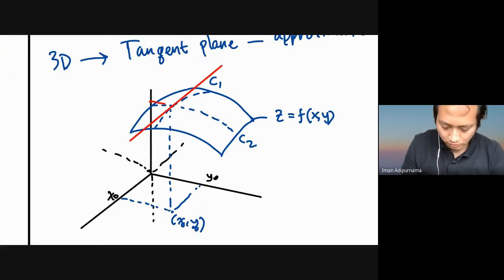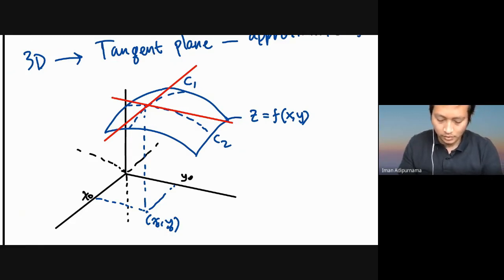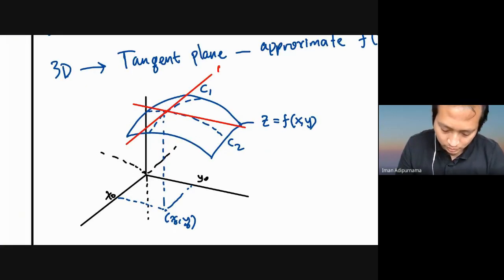And with respect to this C2, I have this line. As we mentioned in previous partial derivatives, this will be partial x, and this will be partial y.